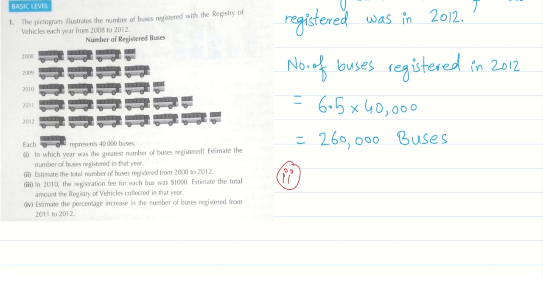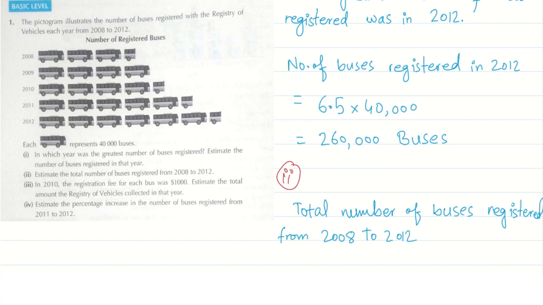So the total number of buses registered from 2008 to 2012 are 24, and each bus represents 40,000 buses.